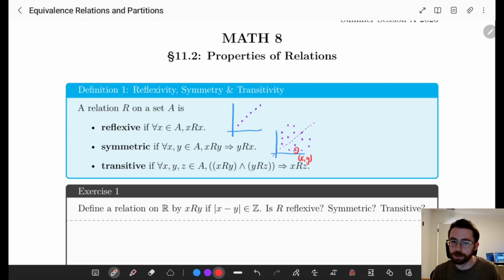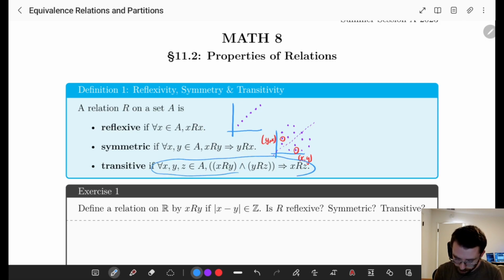That dot being purple means it's in the relation according to my color scheme. So x is related to y here. If this relation's symmetric, I need y related to x. But guess what? y comma x is what you get by reflecting across the line y equals x. So there's y comma x. That's what symmetric relations look like, and that's why they're called symmetric, at least partly.